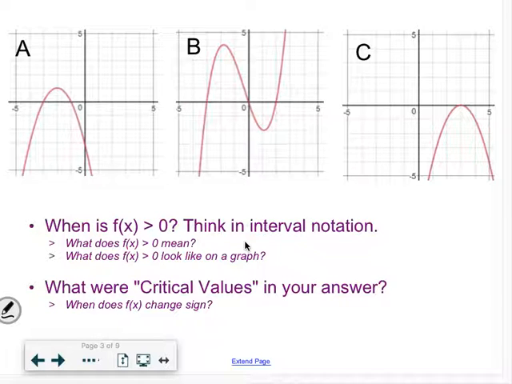So wouldn't it be parentheses 0 and 2? And then B, negative 3 parentheses to 0 parentheses, and then another thing, 0 to infinity. And then for C, it's never greater than 0.